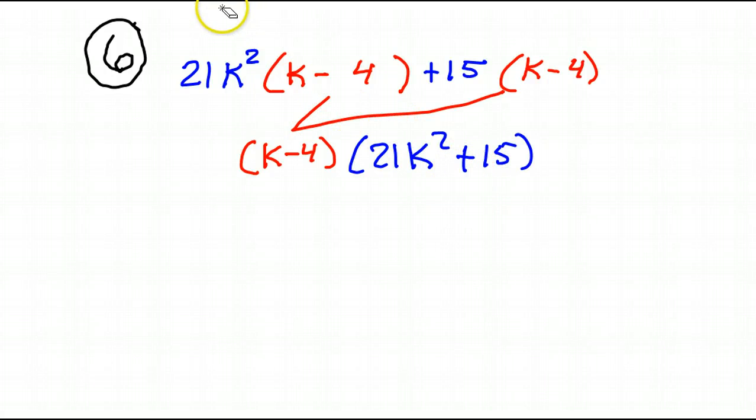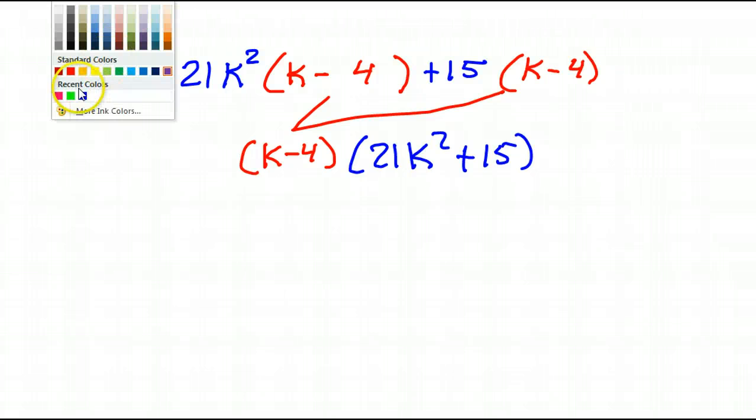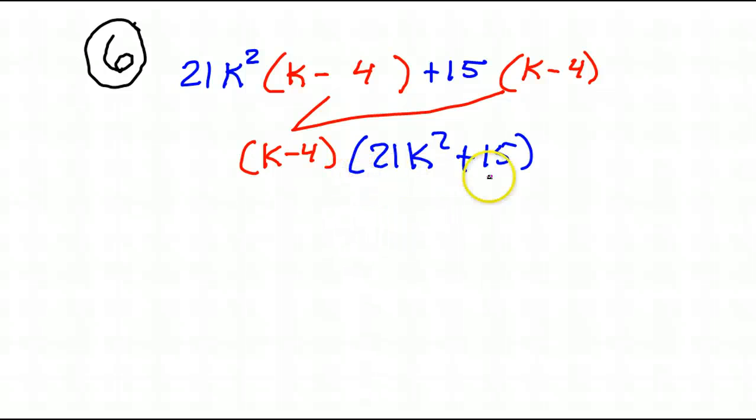So I am going to pull out the GCF. Focus on this blue. I'm pulling out a 3. If I do that, dividing everything by 3, that's going to leave 7k squared plus 5.